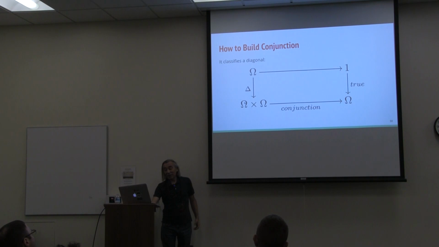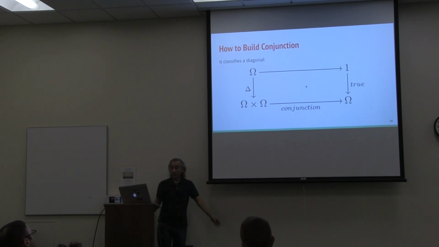The classifier of the diagonal is the very generic definition of conjunction that works in any intuitionistic logic. This is not bound to Grothendieck topology. It's a general definition of conjunction in any intuitionism, because intuitionism and topos theory are kind of synonyms. So that's how conjunction is built.